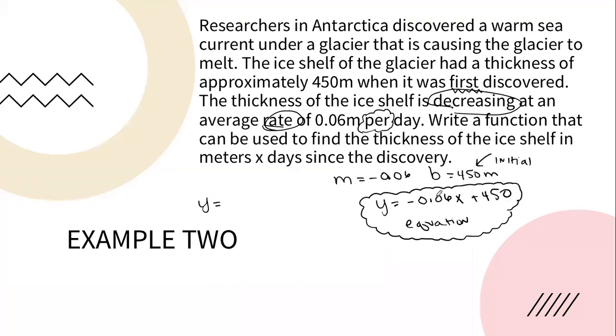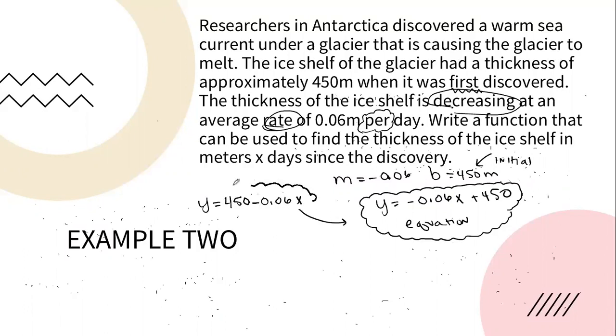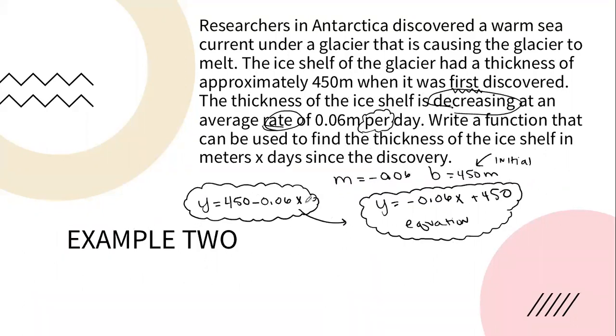So the negative part would be the rate because it's taking away. This is telling you it's taking away 0.06 meters. You can kind of also write it this way, 450 minus 0.06x, which is the same thing. But now it looks more like, oh, I started with 450 and I'm taking away 0.06 each day. So these are the same equations now. I just switched the two numbers. Good question.